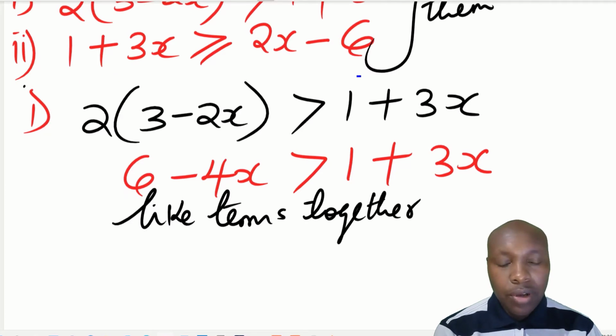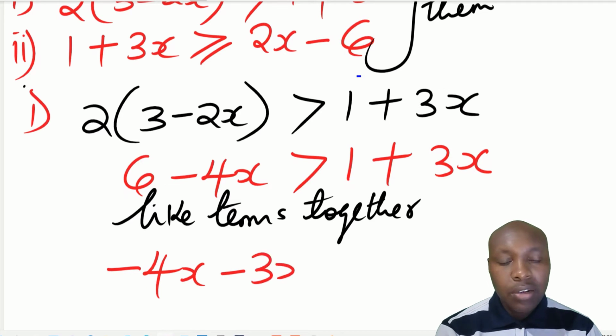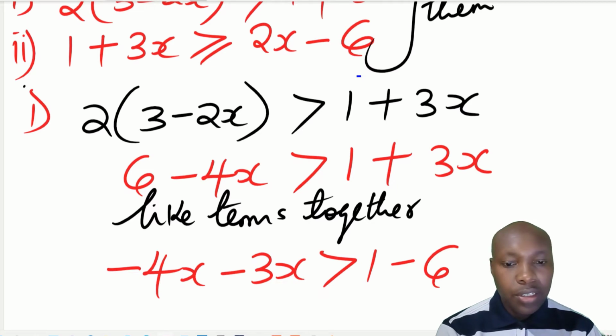So on the left hand side, we shall have negative 4x. When you bring plus 3x to the left hand side, you get negative 3x, which will be greater than 1. When you bring positive 6 to the right hand side, you get negative 6.